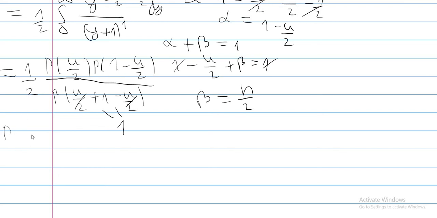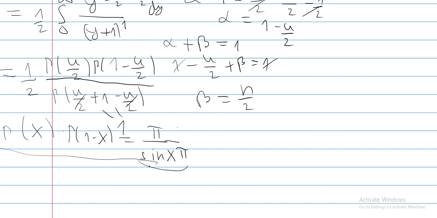Now we use the formula gamma of x times gamma of 1 minus x is just pi over sine of x pi. We use it here, and our x is just n/2. So what do we get?